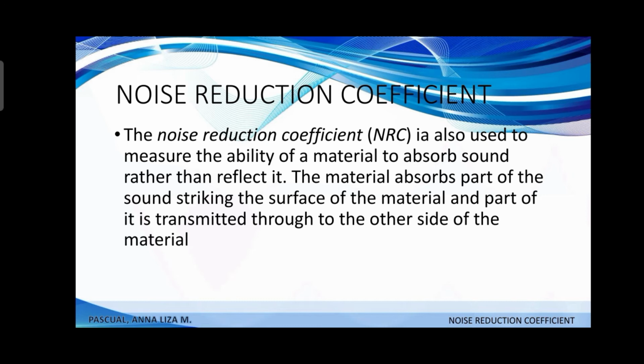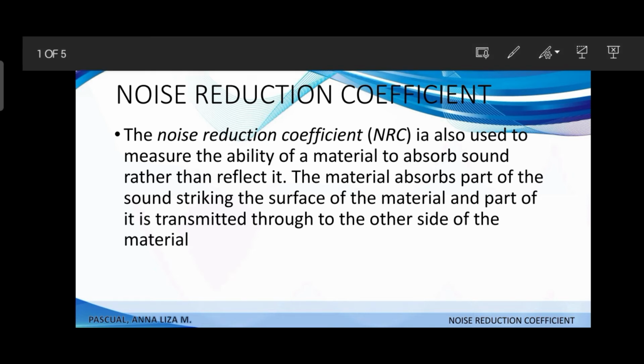If a material has an absorption rating of 0.25, the material will absorb 25% of any sound that strikes it and will reflect the remaining 75% of the sound. A difference of 0.10 in the NRC rating is seldom detectable in a completed installation.